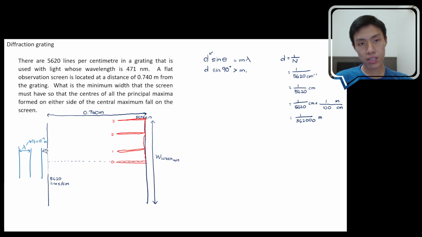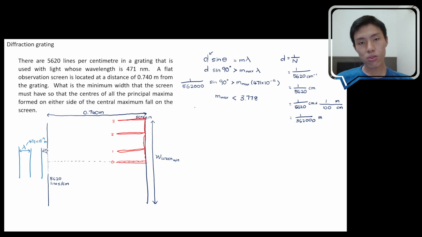So now we can try to determine m max by doing a substitution. 1/562,000 sine 90 degree is greater than m max, which we want to determine, and the wavelength that we are using is 471 nanometer. Through this calculation, you find that m max must always be less than a value which is 3.778.